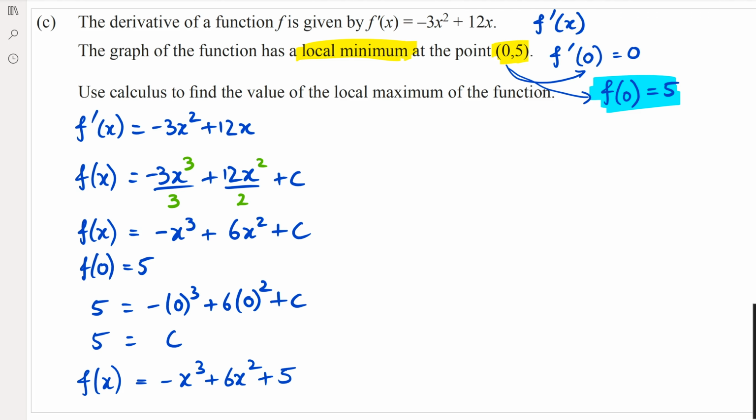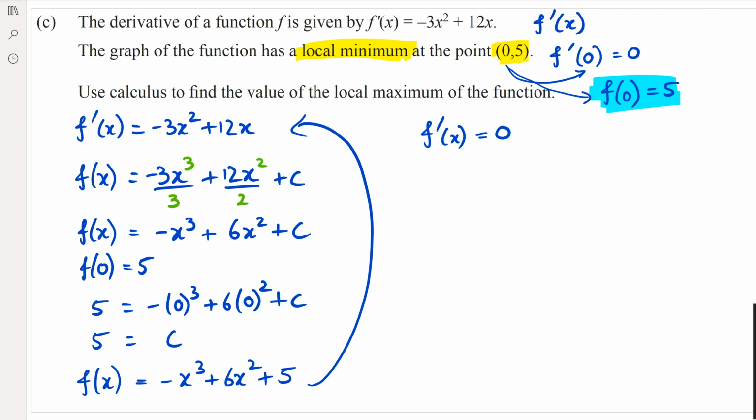Now we're trying to figure out what the minimum and maximum is. So we can differentiate this function, which we already know, because when we differentiate it we end up back at f dash of x. So if we put f dash of x equal to 0, that's when it's a minimum or maximum.